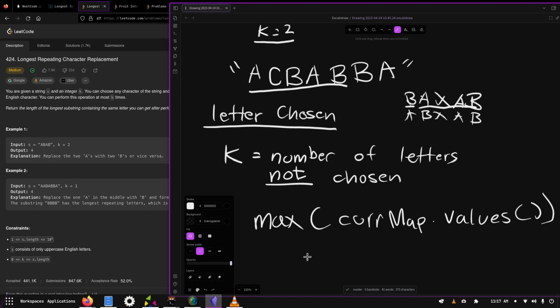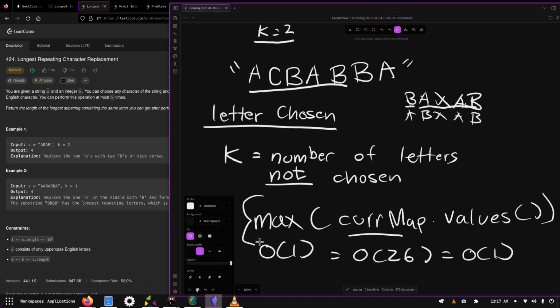You could consider this a potentially O of 1 operation because curmap is going to have at maximum 26 entries. So this would be equal to O of 26, which is equal to O of 1. So actually we kind of get this for free. I don't like the solution, but after spending some time, it's the best I could come up with right now. Nothing else immediately stands out to me.